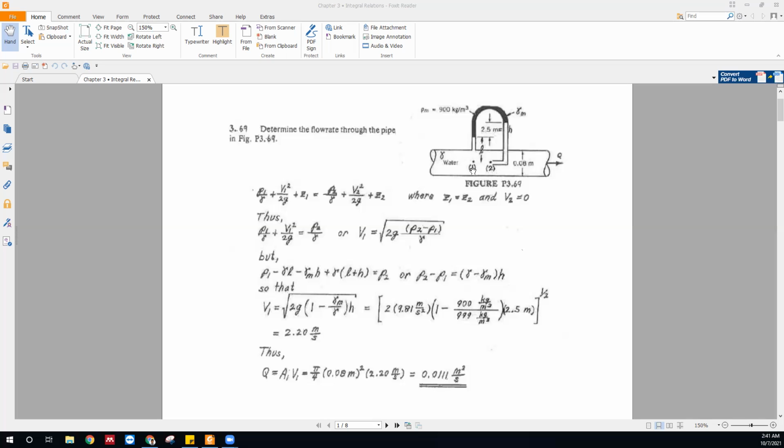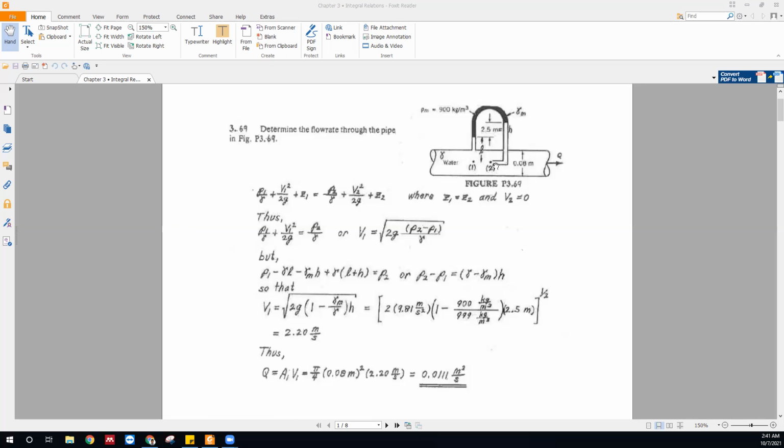So let's consider point 1 and point 2. If we apply the conservation law between point 1 and point 2, we have P1 divided by rho plus V1 square divided by 2g plus z1 equals P2 divided by rho plus V2 square by 2g plus z2.